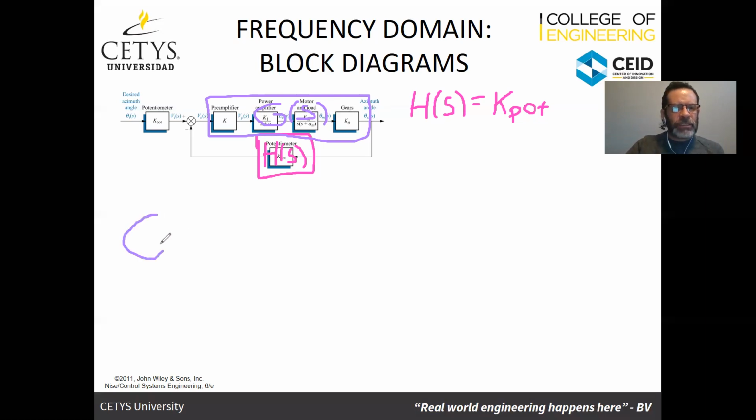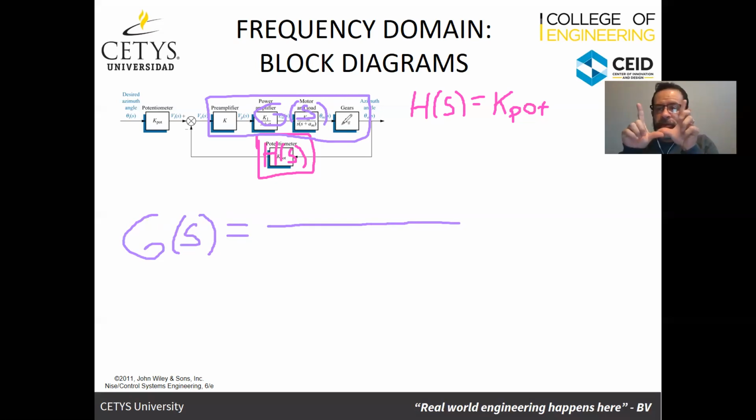So G of S is going to be equal to the multiplication of the transfer functions that we have there. And so these are four functions here. Remember, this material is in Blackboard, so if you need to look at the zoom of the things there, you can see it there in the PowerPoints you have.